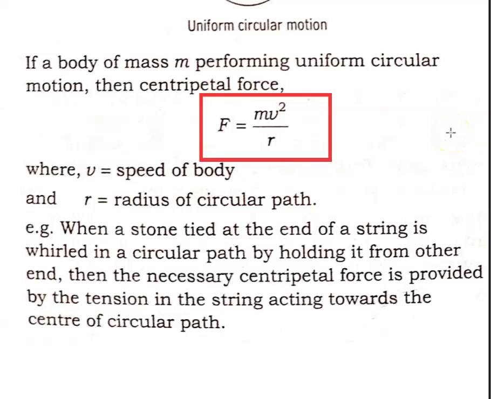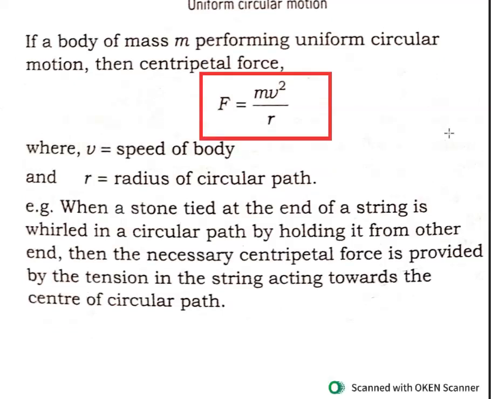The equation for centrifugal force is also the same, F is equal to mv square upon r, but with a minus sign, since centrifugal force is opposite to the centripetal force. Here we come to the end of our theory.